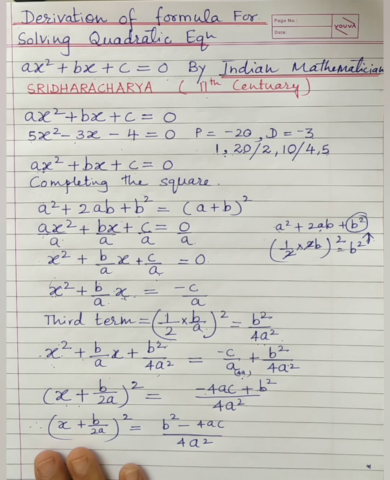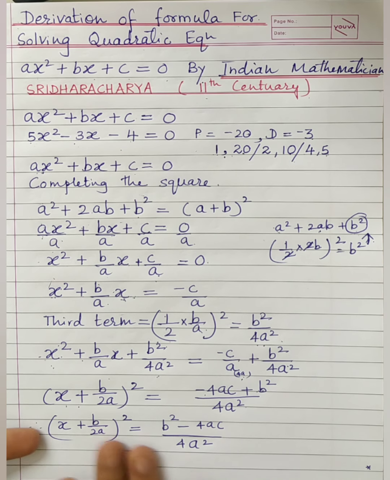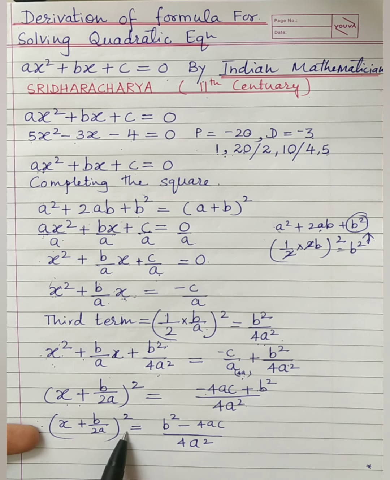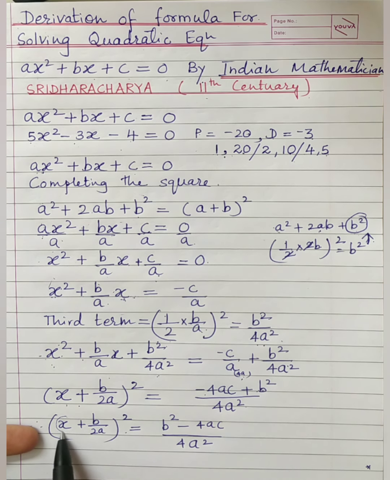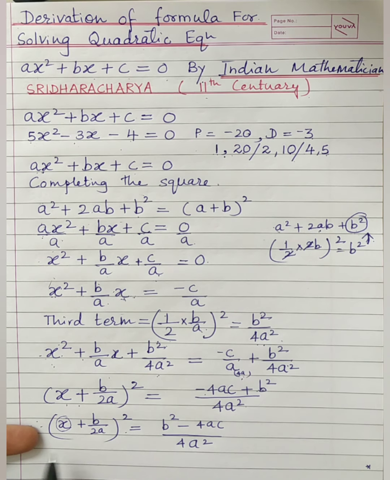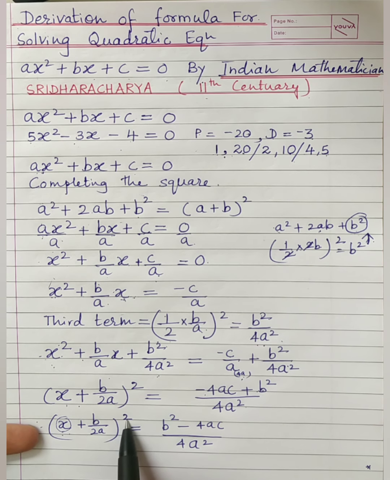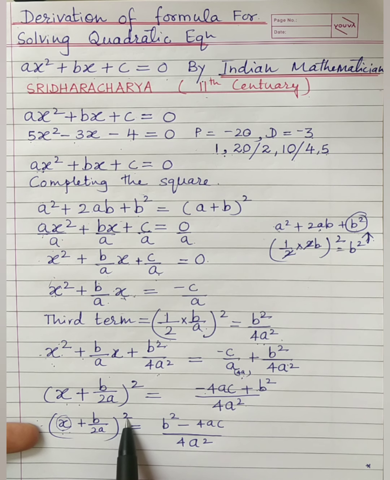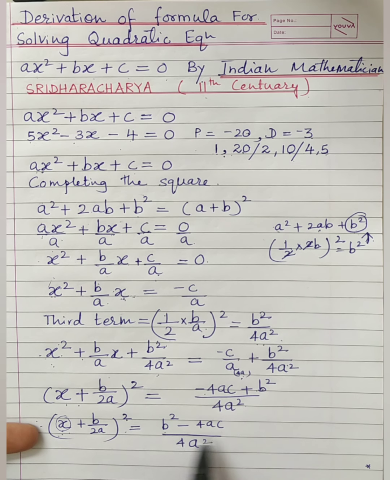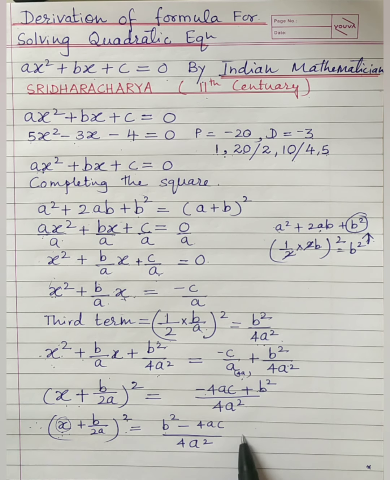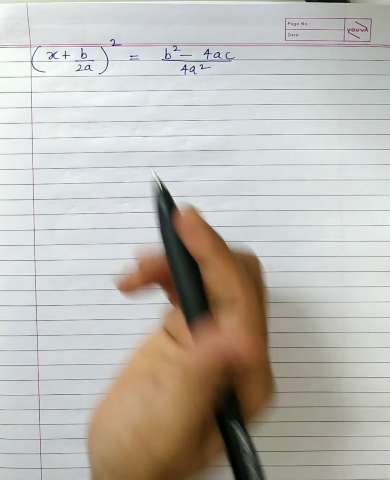Till this we have got, now you have got LHS as a perfect square trinomial. What is our purpose of solving this? We want to know the value of x. Okay. So in order to know the value of x, first thing I will remove this square here. So next step will be what? Taking square root of both the sides. Yes.